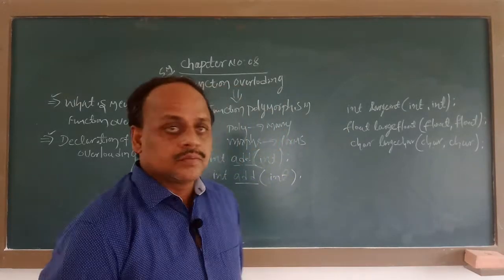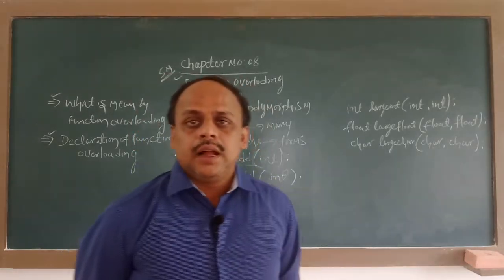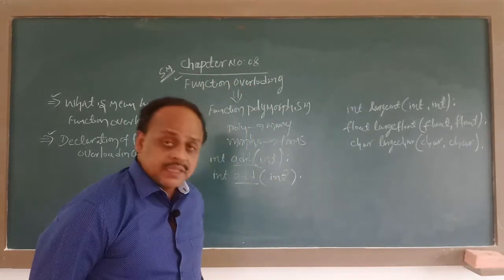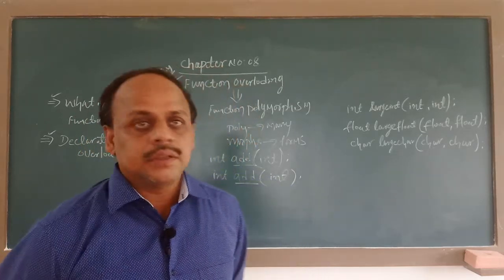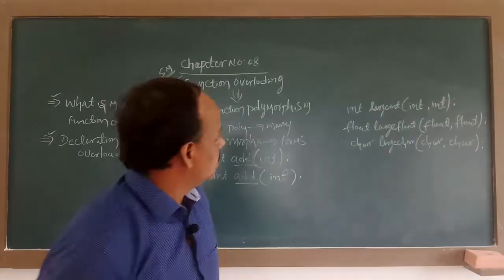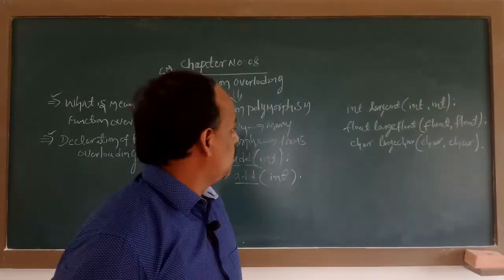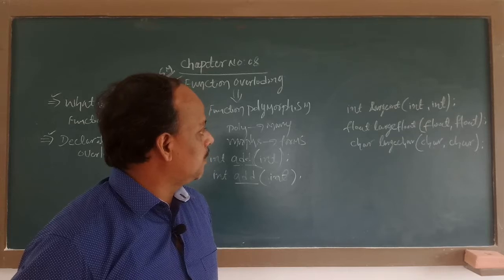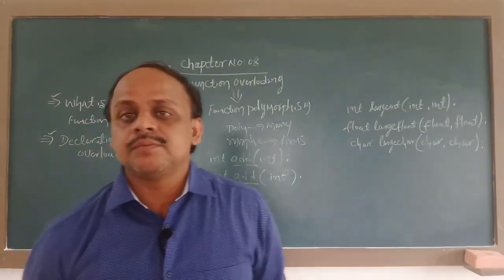See here, I declared three functions. First function is int large of int comma int. Second one is float large of float comma float. Third one is char large of char comma char.